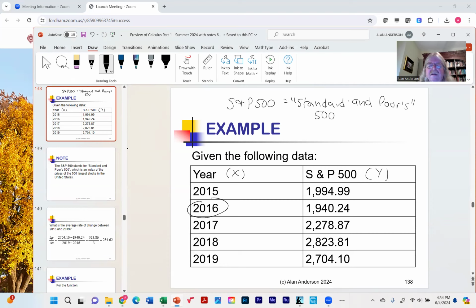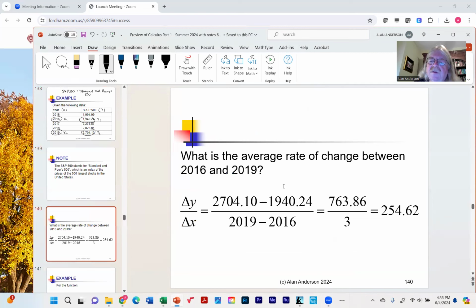So we want to look at these numbers, x1, x2, y1, and y2. And once we have that information all set up, we can easily plug these into our formula, and we'll determine that during those 3 years, the price went up $763.86. And that took place over 3 years. So the average price increase was $254.62 over that time frame.